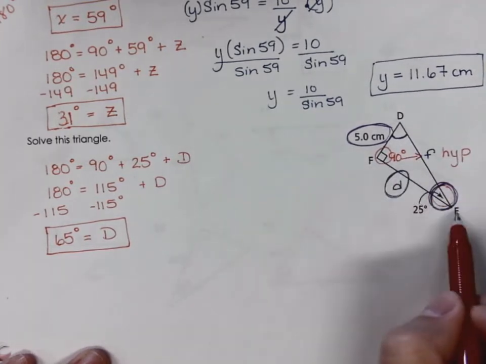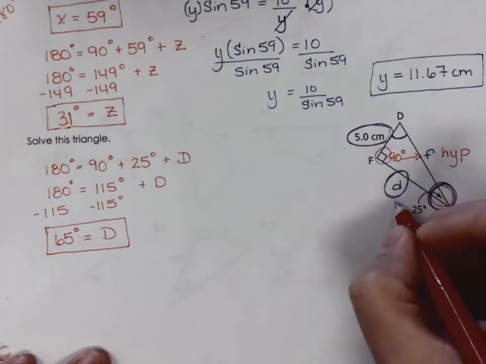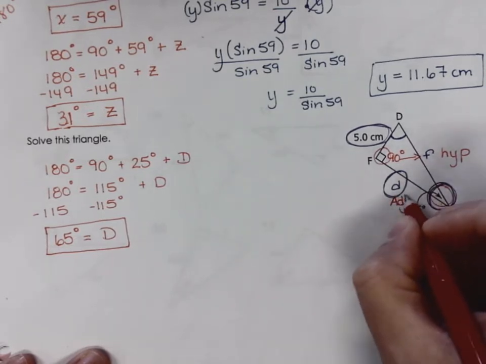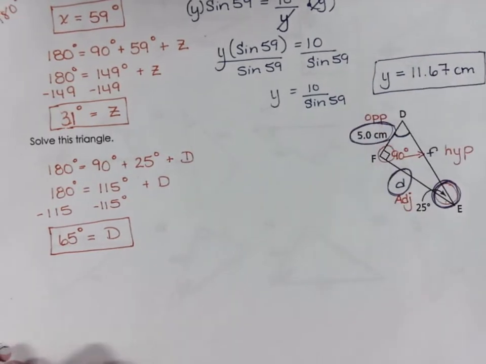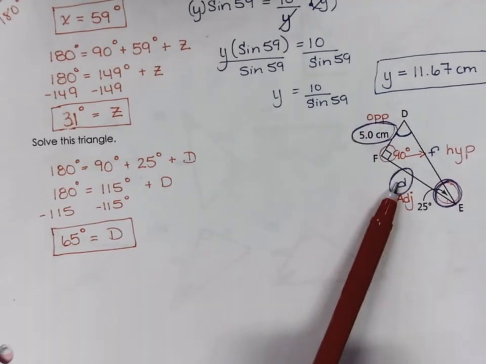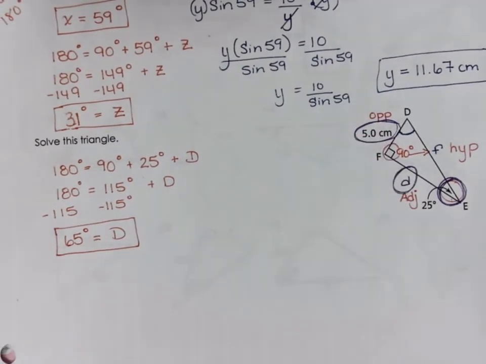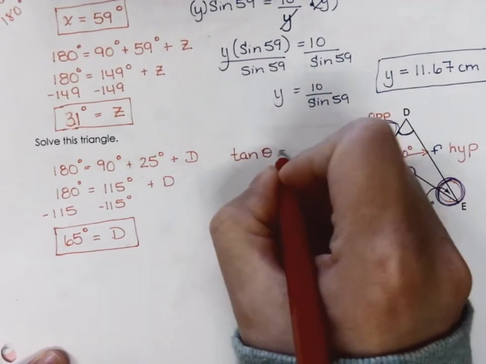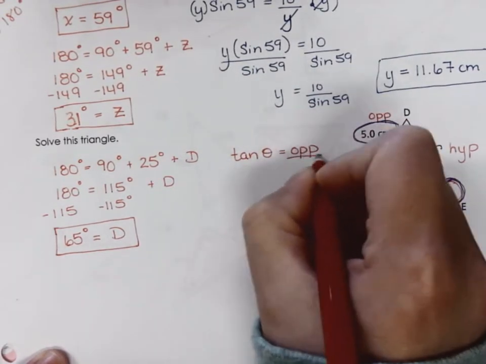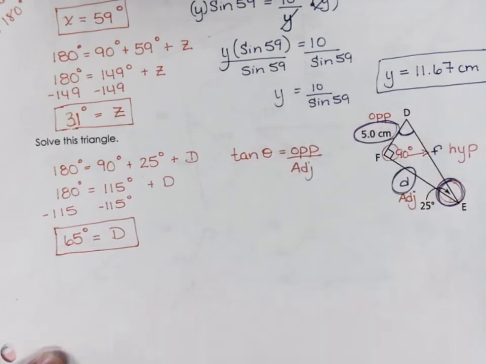I know that side D makes up the angle, so this has to be the adjacent side. And so that would mean this is my opposite side. So what do I need? I need opposite and adjacent, and that's my tan formula again. So tan of the angle is equal to opposite divided by adjacent.